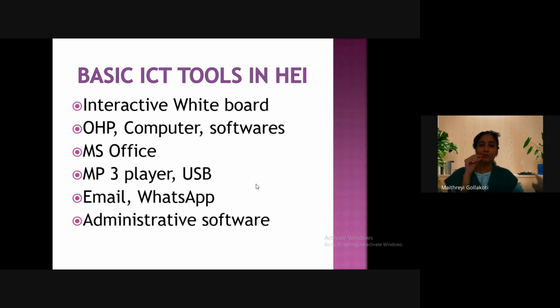So through these groups, it is easier to communicate and to conduct the different activities in our schools and colleges. And administrative software, as I have told, we have software for attendance, for library maintenance, for gym maintenance, for marks maintenance. For all these things, we have different software. Next, please.